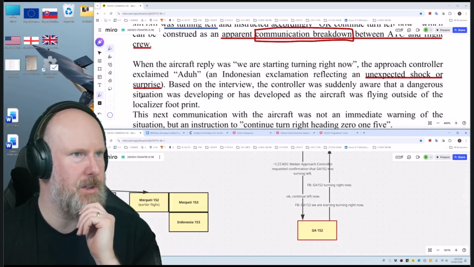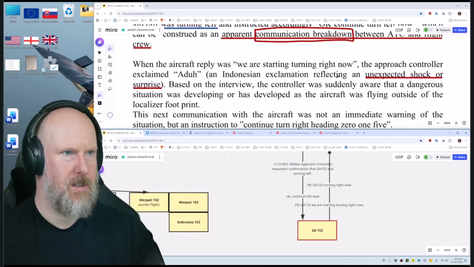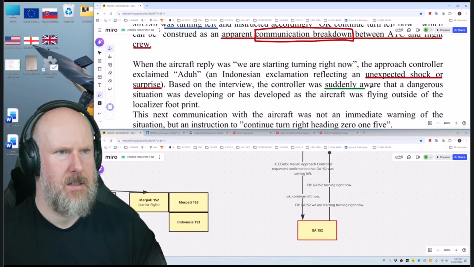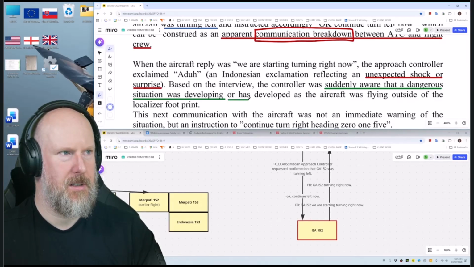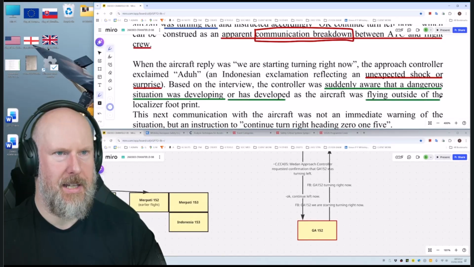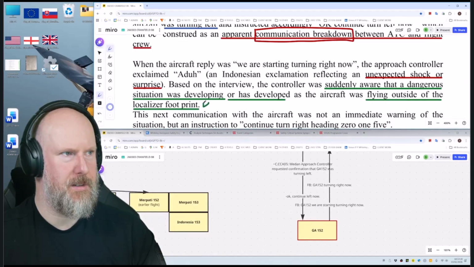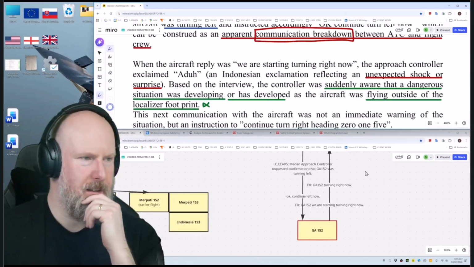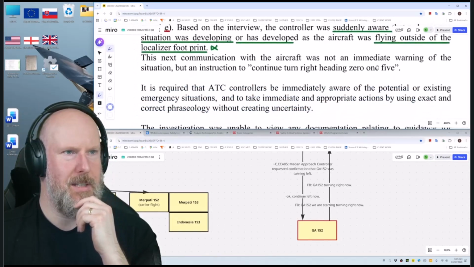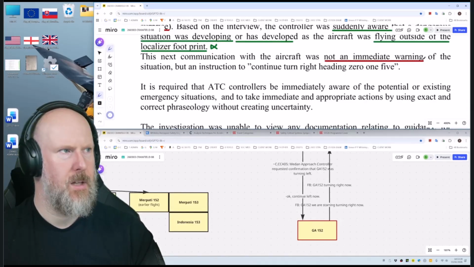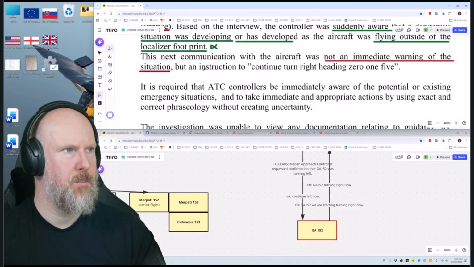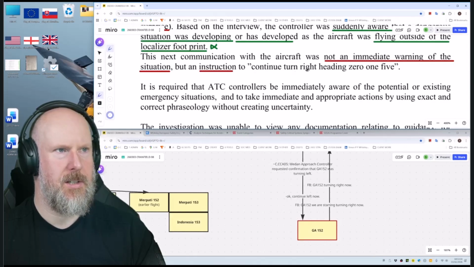Based on the interview, the controller was suddenly aware that a dangerous situation was developing or has developed as the aircraft is flying outside of the localizer footprint. Okay. The next communication with the aircraft was not an immediate warning of the situation, but it was an instruction to continue turn right, heading 050.